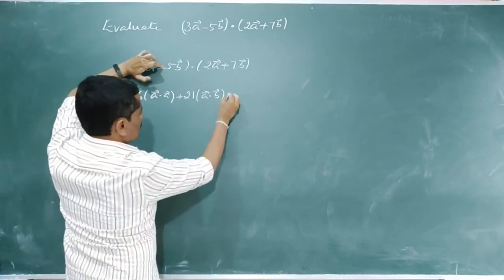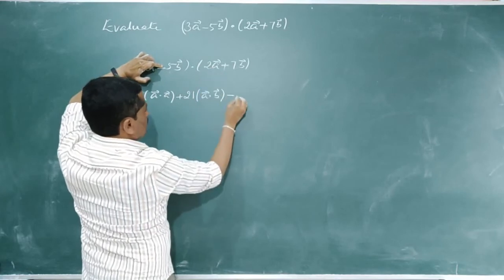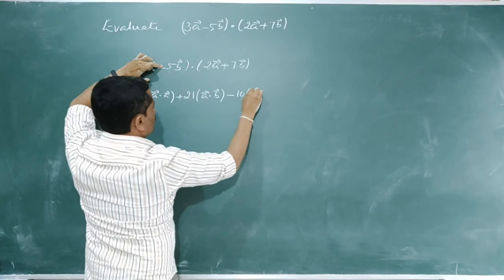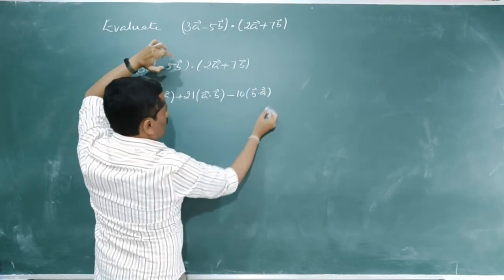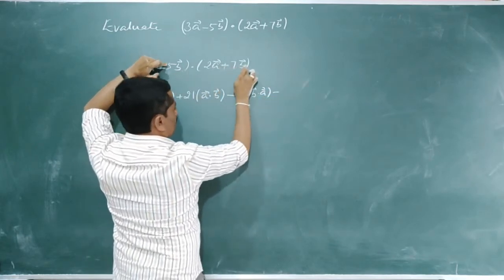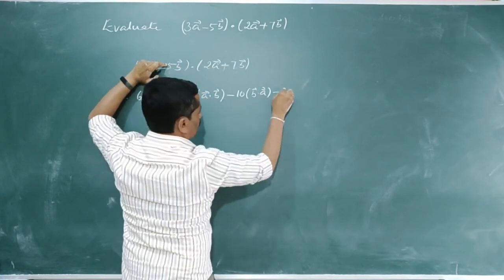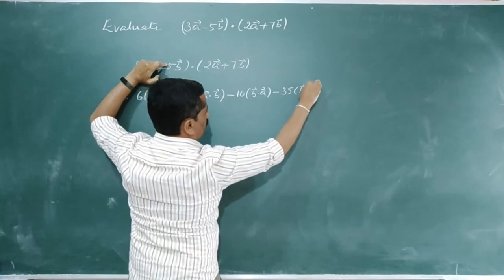Again we have minus 5b bar dot 2a bar, that is 2 into 5 we have 10 b bar dot a bar. Again minus into plus we have minus 5b bar dot 7b bar, 5 into 7 we have 35, so 35 b bar dot b bar.